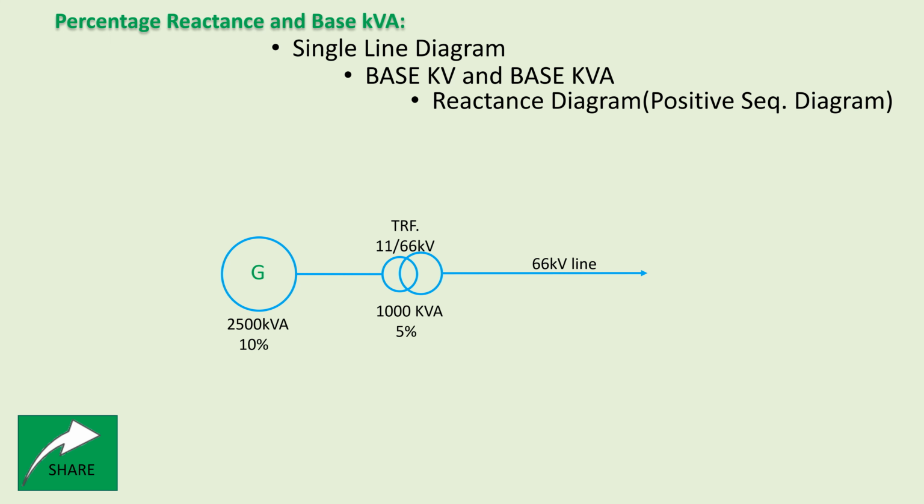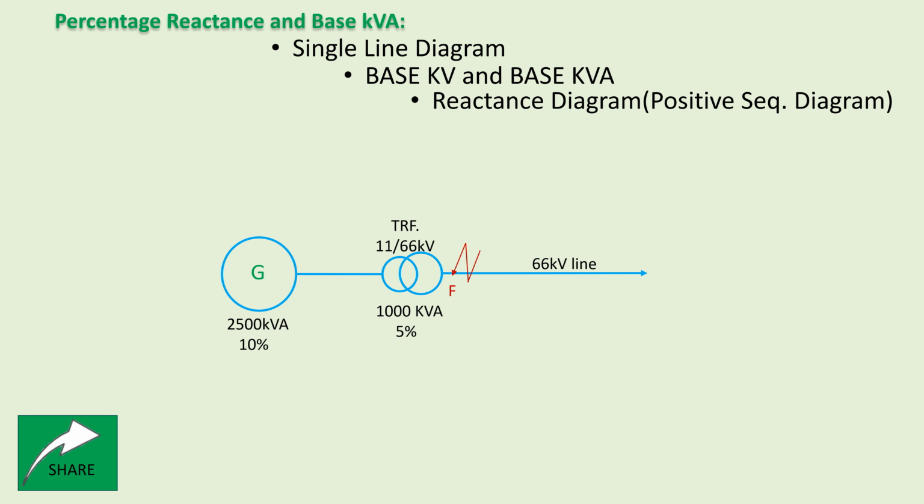Suppose a three-phase fault occurs at the HV side of the transformer at a point F. Now we have to calculate the fault current due to this fault.